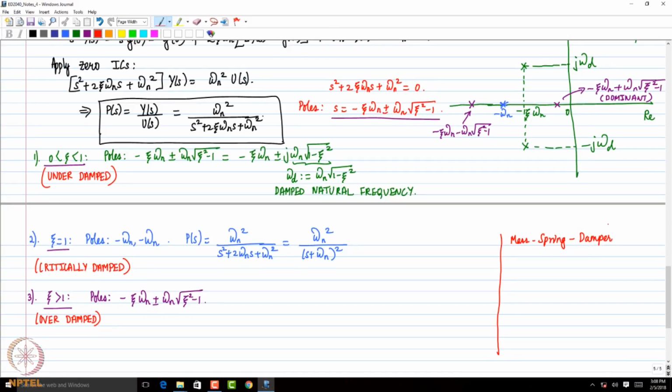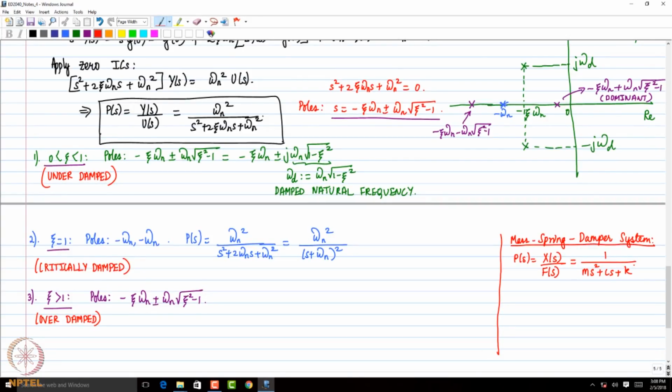Do you recall what was the transfer function for the mass spring damper system? It was the ratio of the Laplace of the displacement divided by the Laplace of the force input. What did we get? It was 1 divided by ms squared plus cs plus k.